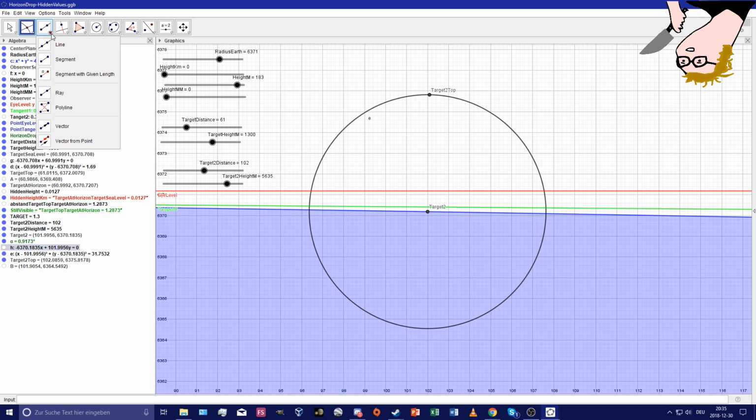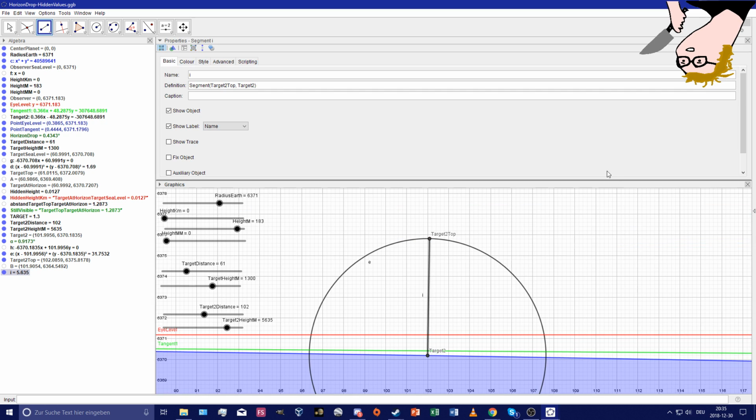And we're gonna draw in another, not a ray, but a segment, which will be our target 2.